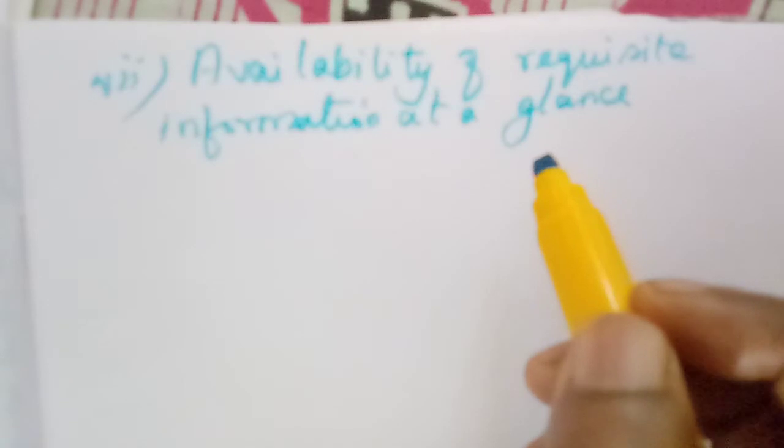For example, the total purchases today can be found out from the purchases book alone. But in the journal entry, we are not able to find out the total purchases. For that, we should post all those purchases in the purchases account. Only then we can find out. But here, immediately after preparing the subsidiary books, we can find out the total of purchases. So at a glance we can find out.